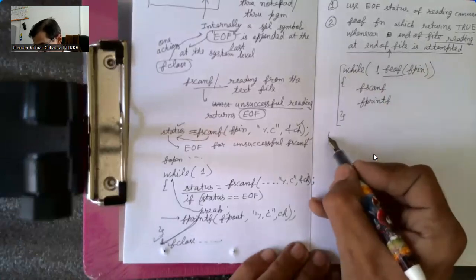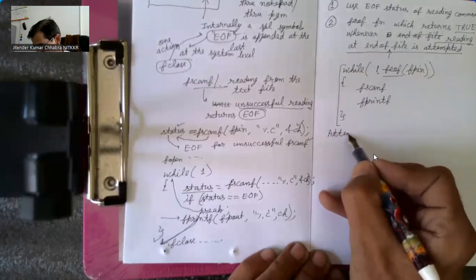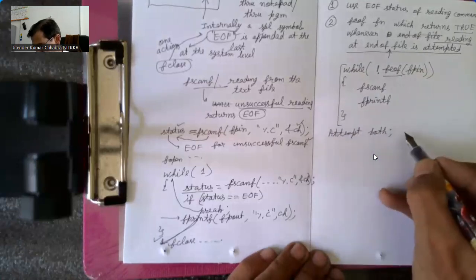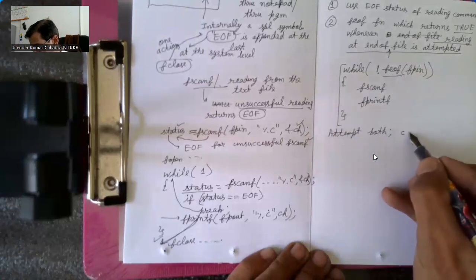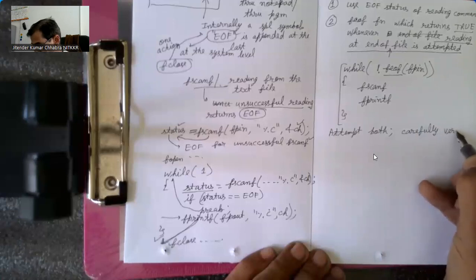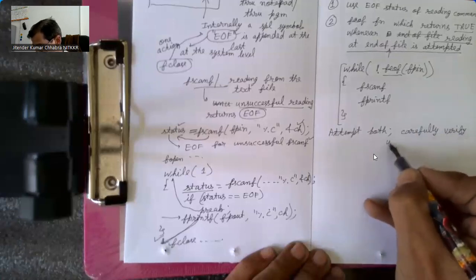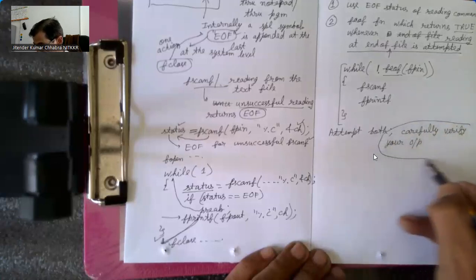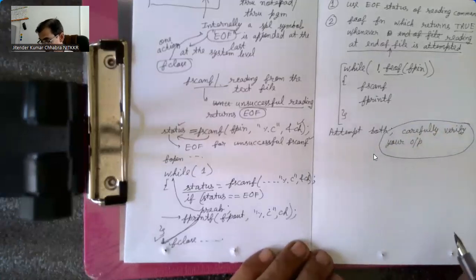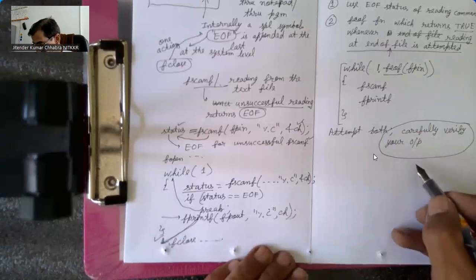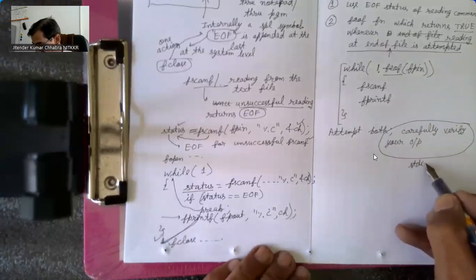But I will say attempt both and carefully verify your output. Why am I saying this? Because like the previous case, we have one extra null character, one blank or null enter creating a problem in stdin or fflush related issues.